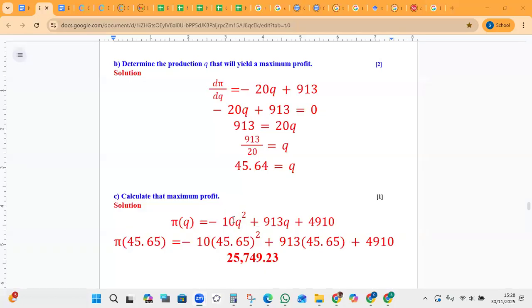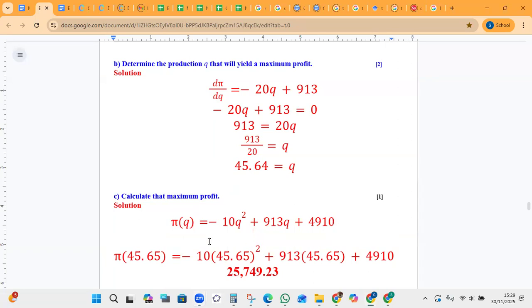Here it is. What we simply need to do is substitute 45.7 in the place of q and solve for profit. So you have minus 10 times 45.7 raised to the power of 2 plus 914 times 45.7 plus 4,910. Please verify if this gives us a maximum profit of 25,749.23.